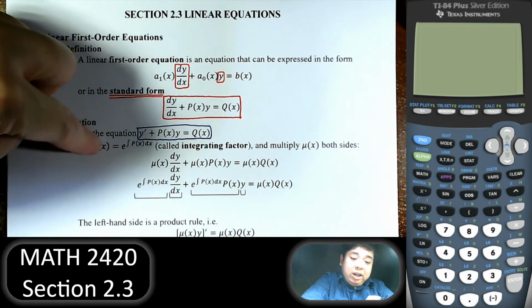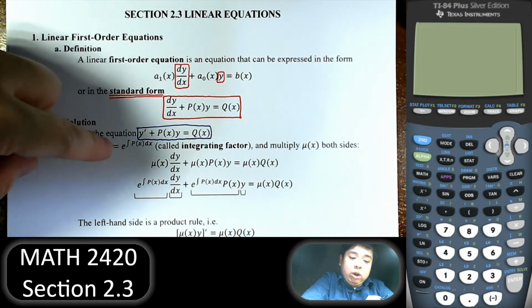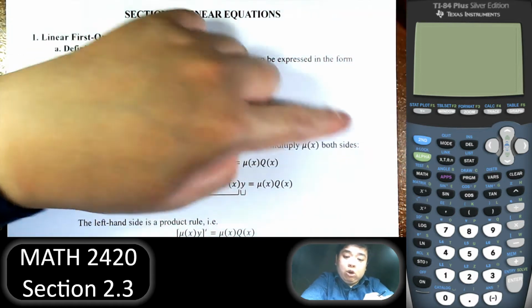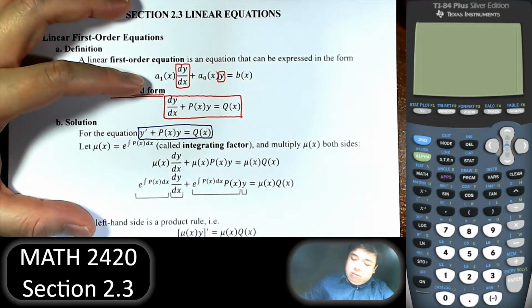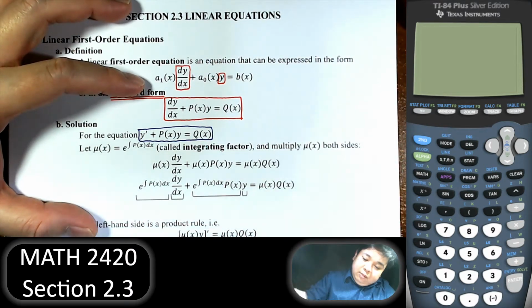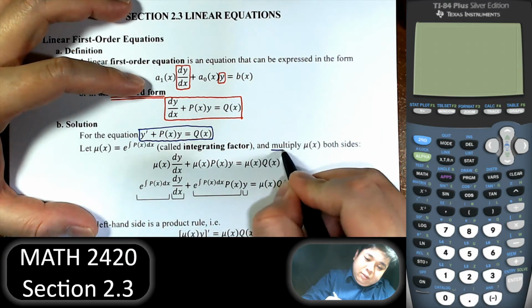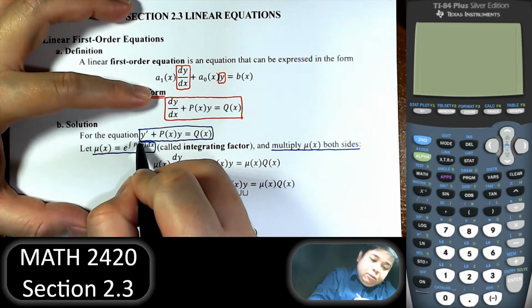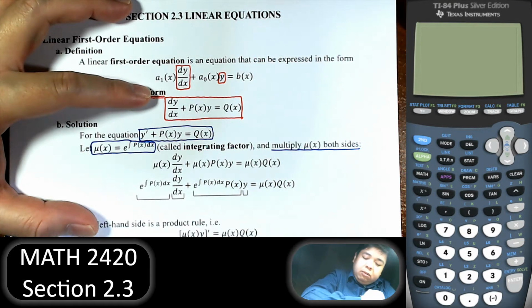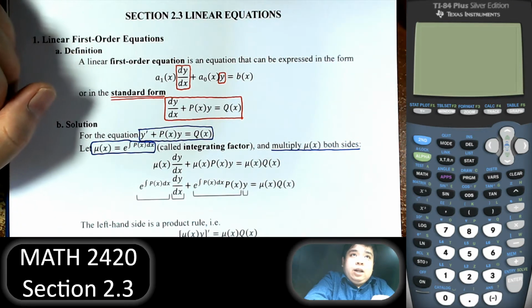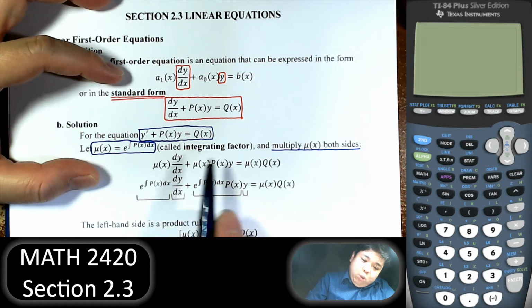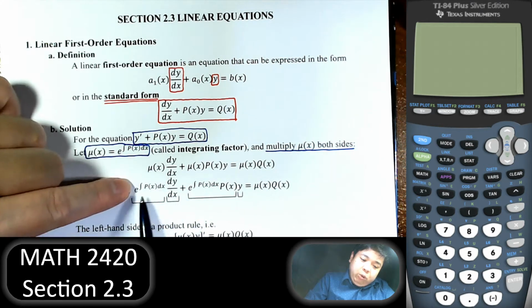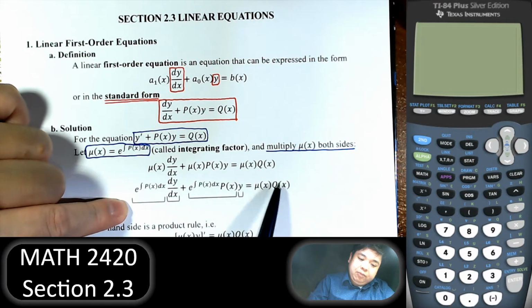After we integrate that, we multiply both sides by the integrating factor. So why do we do that? When we multiply both sides, we rewrite it like this.